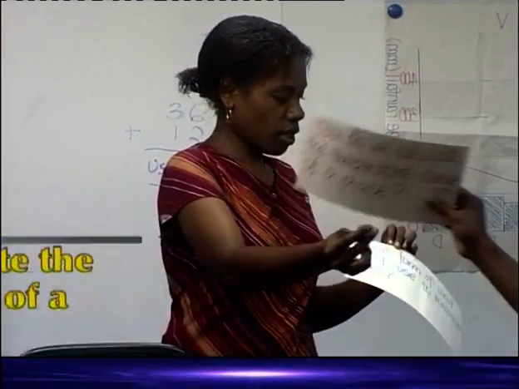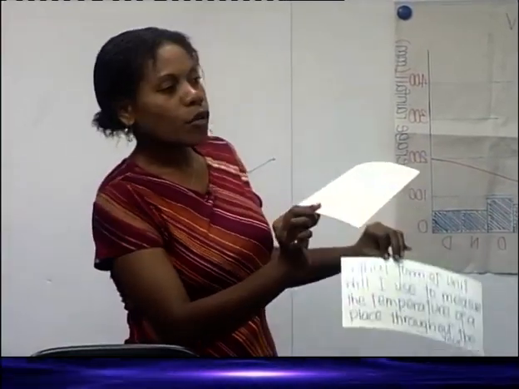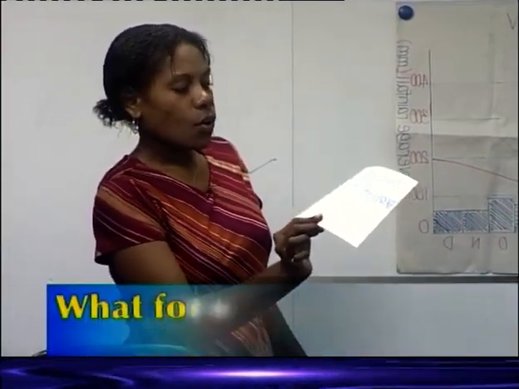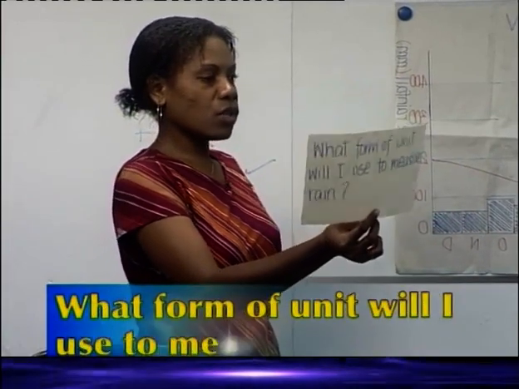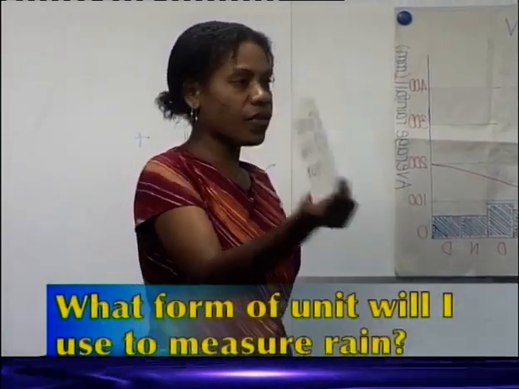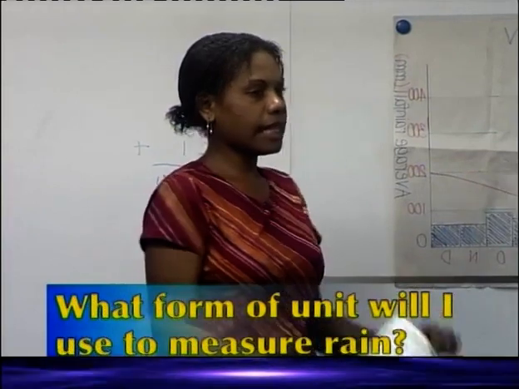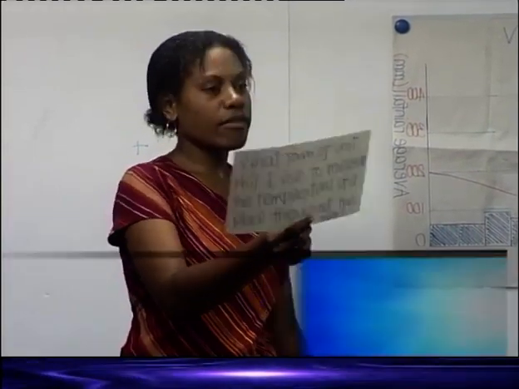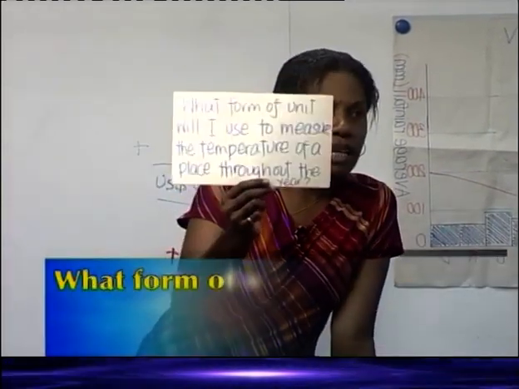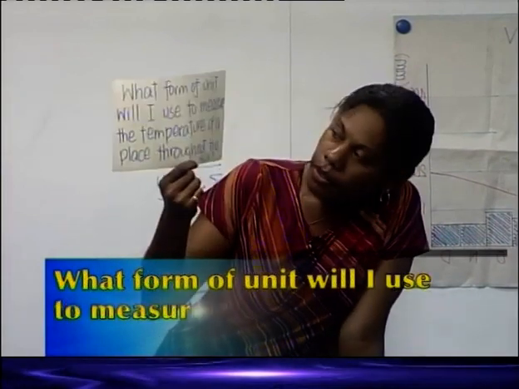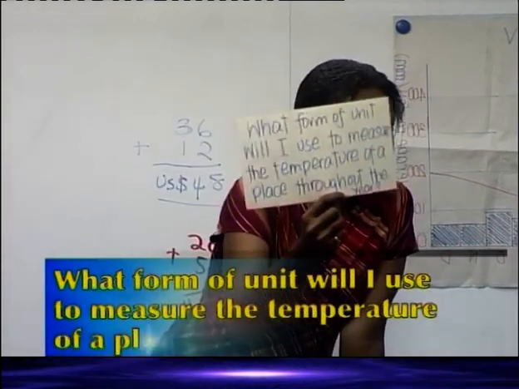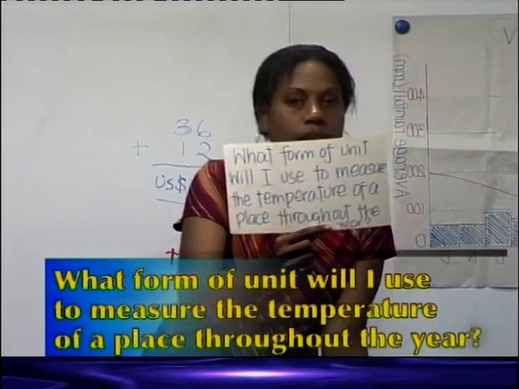Okay, receiving students. Group 6, what form of unit will I use to measure rain? Okay, and group 7, what form of unit will I use to measure the temperature of a place throughout the year?